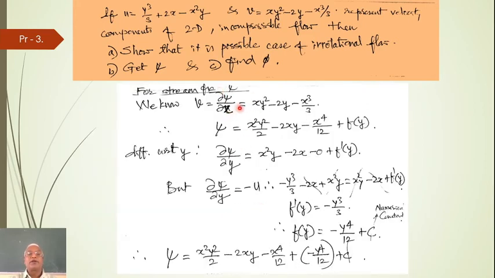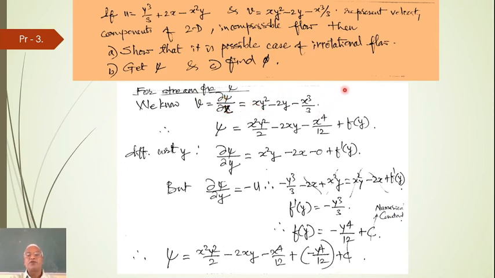This is directly by the definition of the psi function. v is dou psi by dou x, and if you want u, it will be minus dou psi by dou y. By definition, I am writing v is equal to dou psi by dou x, but v is this whole expression. This is dou psi by dou x.